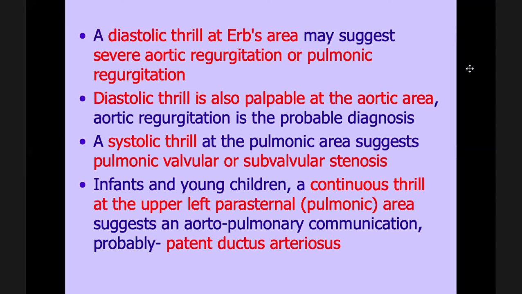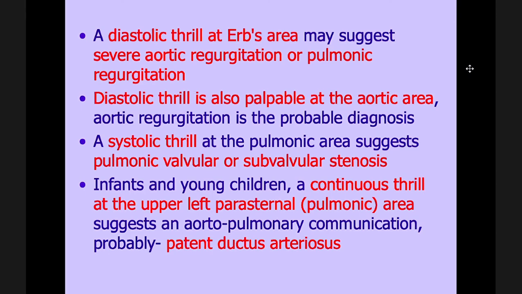Diastolic thrill at the Erb's area also may suggest severe aortic regurgitation or pulmonic regurgitation, while a diastolic thrill palpable at the aortic area suggests aortic regurgitation, while a systolic thrill at the pulmonic area suggests pulmonic valvular or subvalvular stenosis.